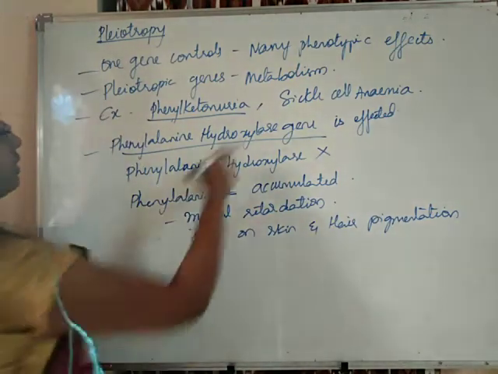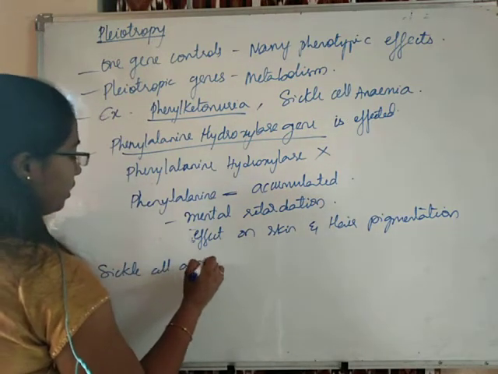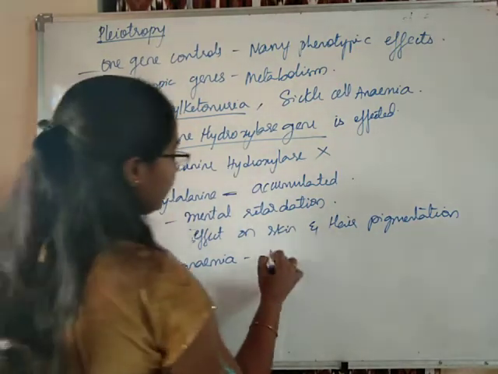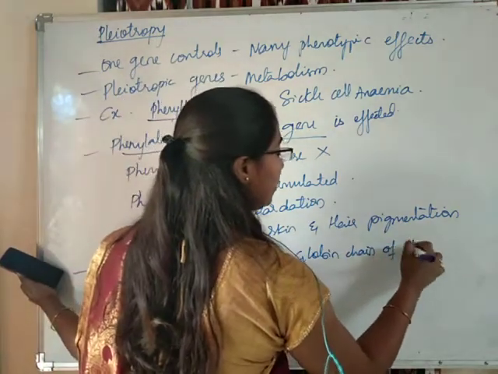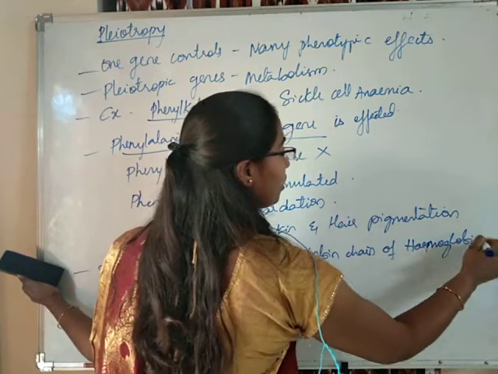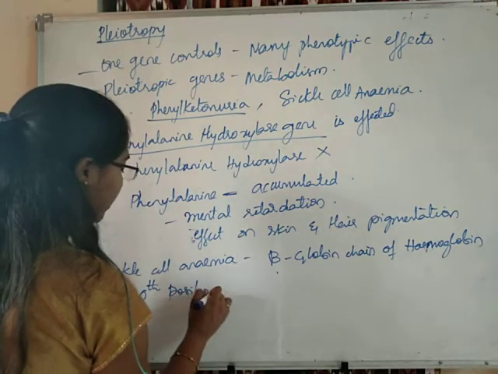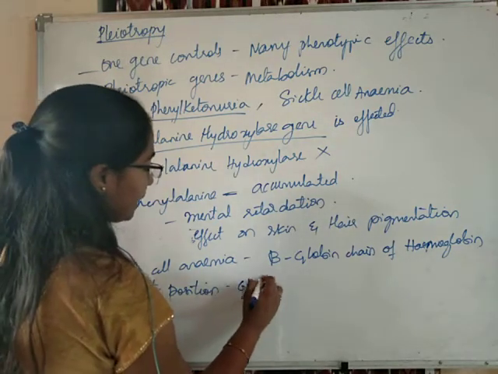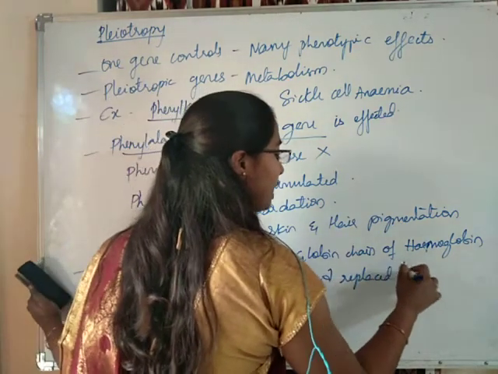And coming to sickle cell anemia, in the beta globin chain of the hemoglobin, in the sixth position of the amino acids of this beta globin chain, glutamic acid is replaced by valine.